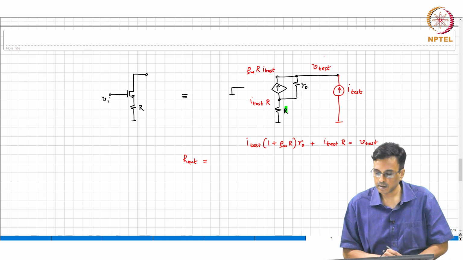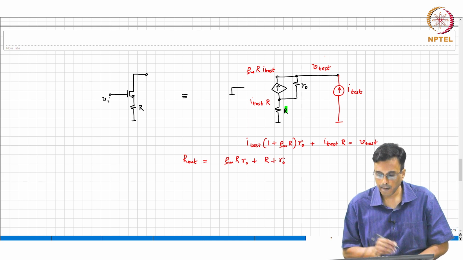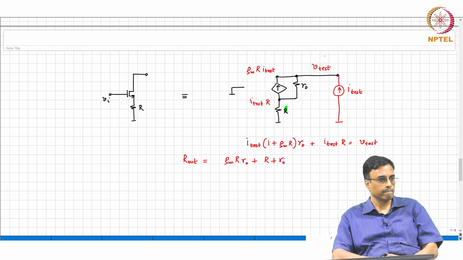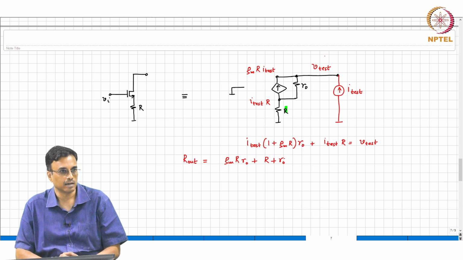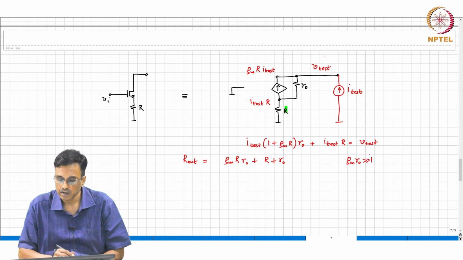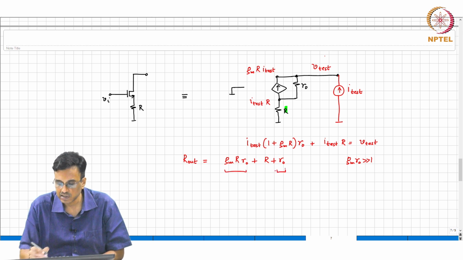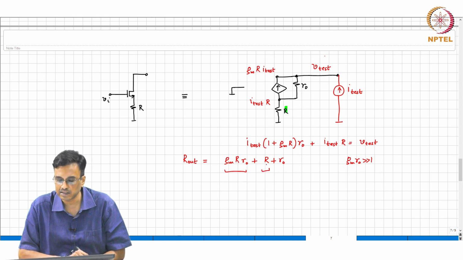So, what is the output resistance? It is nothing but Gm times R naught times R, plus R plus R naught. All right. Now, if you want to approximate it, remember that Gm R naught is much larger than 1. So, comparing these two terms, which can we neglect? Gm R naught is much larger than 1.